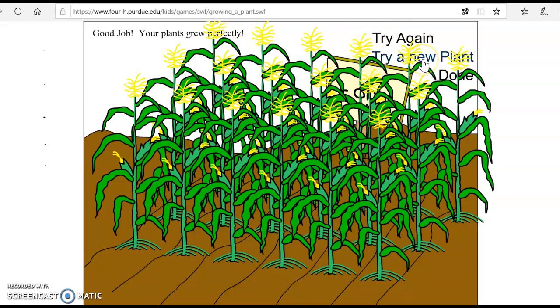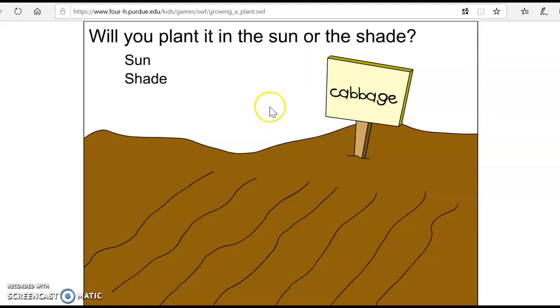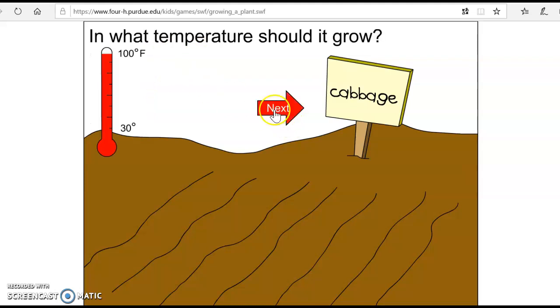Now let's try the next plant, cabbage. How much will you water it when it's mature? Cabbages don't need too much water. I think I'm going to try only watering them 2 times a week. I'm going to plant my cabbages in the sun, and I'm going to only bury them about 1 inch deep into the soil.